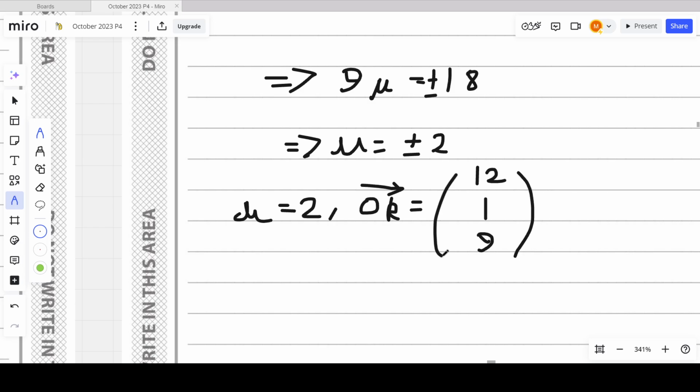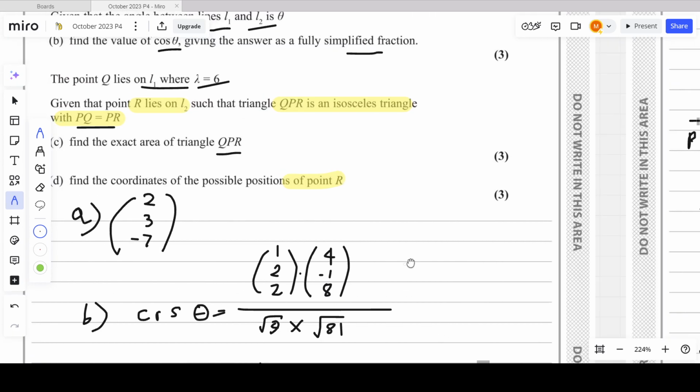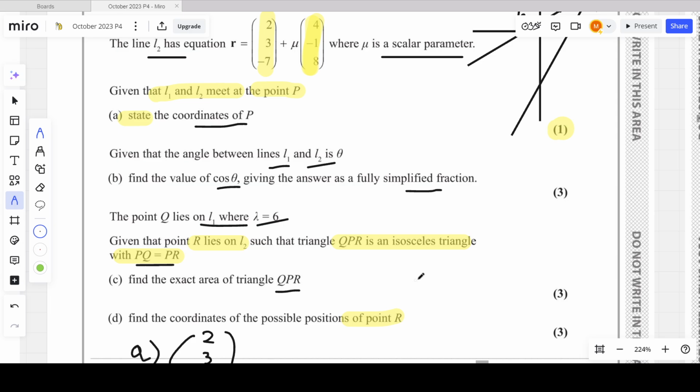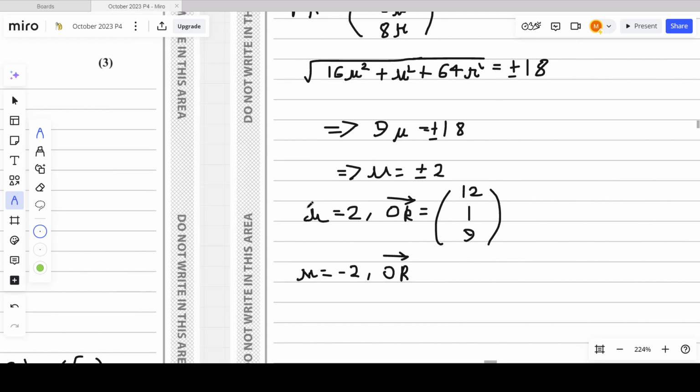The next possible position is for mu equals negative 2. If mu equals negative 2, OR would be 2 minus 8, that is negative 6.